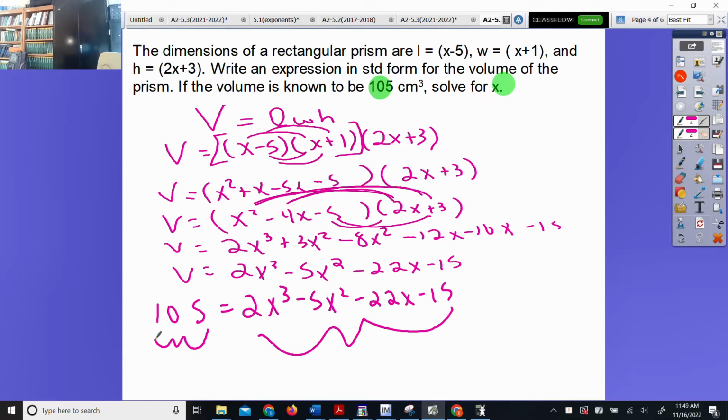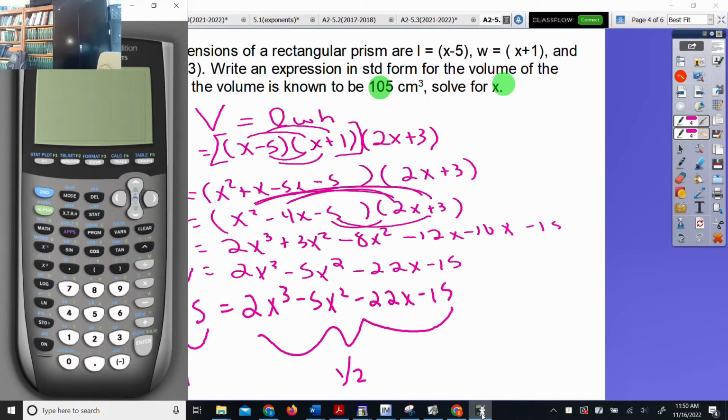Y1. Where can you put the equation? Y2. The reason you're able to solve with graphs is because solutions happen when graphs do what? Intersect. Okay? And generally speaking, that's how we do things. Whatever's on the left is Y1, whatever's on the right is Y2.